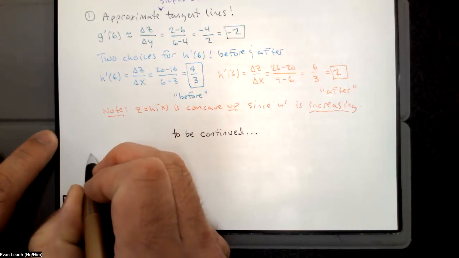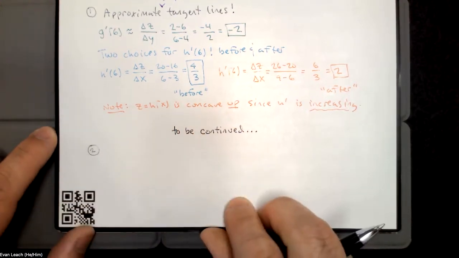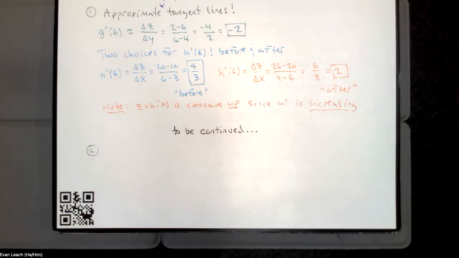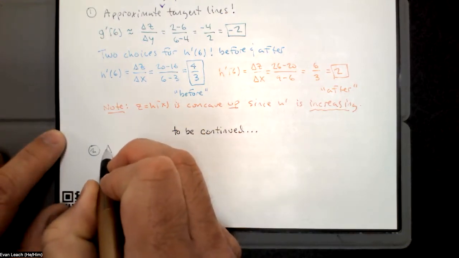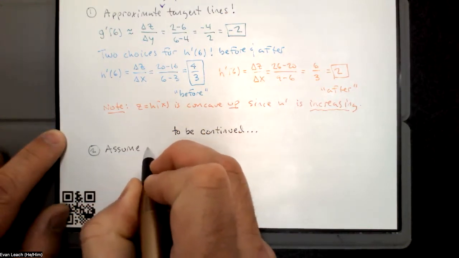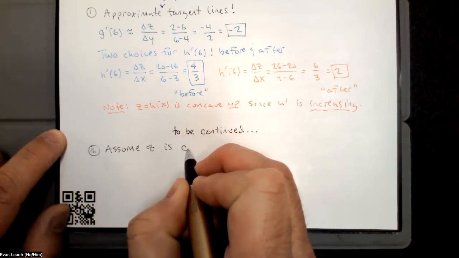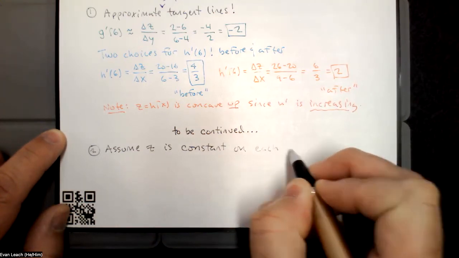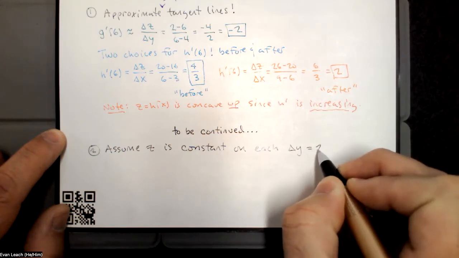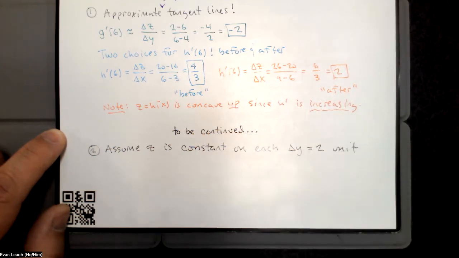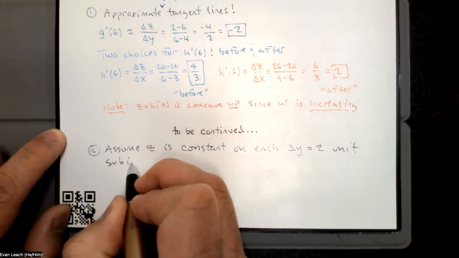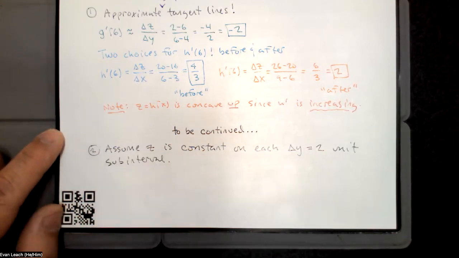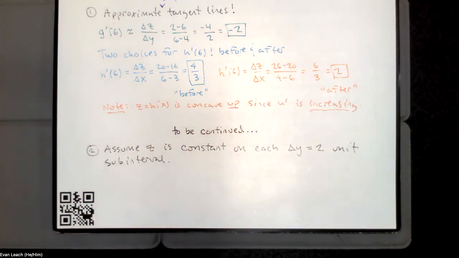So for part 2, we're going to assume g is constant on each 2-unit subinterval.